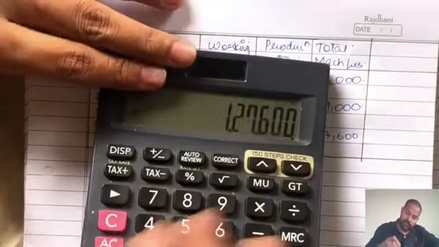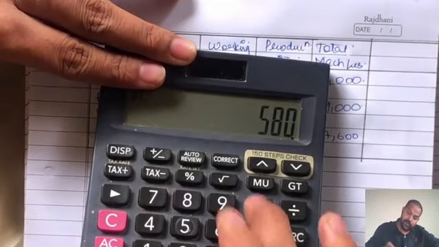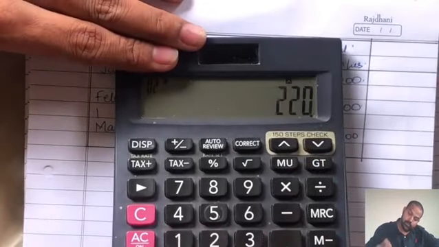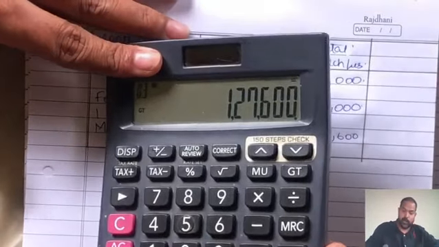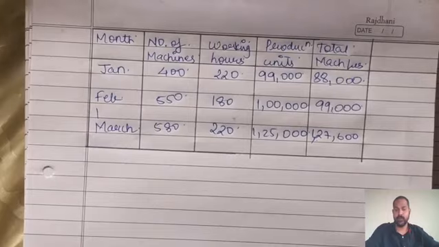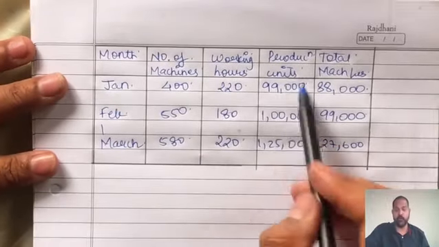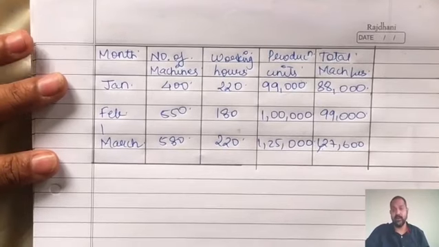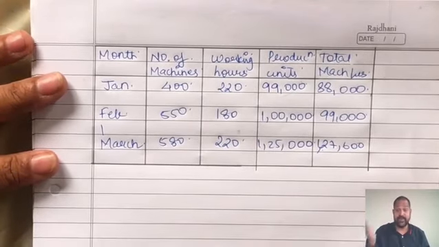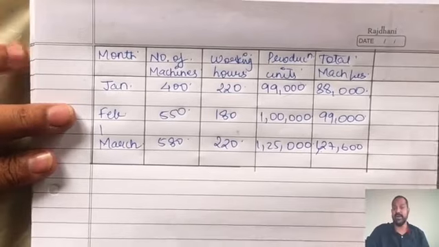Let me check that once again. 580 into 220, yes, 127,600 hours. So in January, the machines worked for 88,000 hours and gave you an output of 99,000.